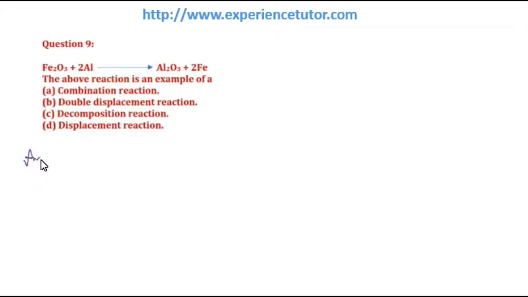Therefore, answer is D. Because oxygen is displaced from iron to aluminium to form aluminium oxide, because aluminium is more reactive than iron.